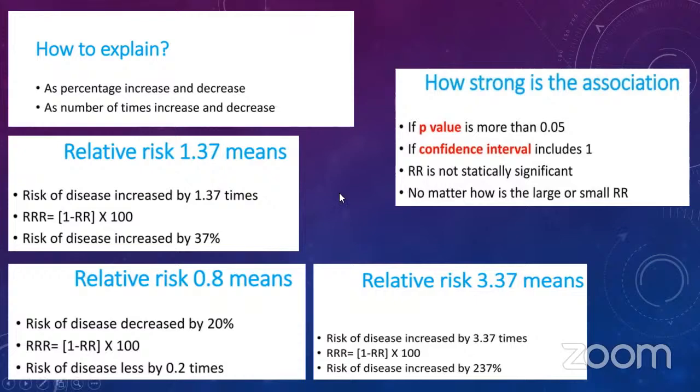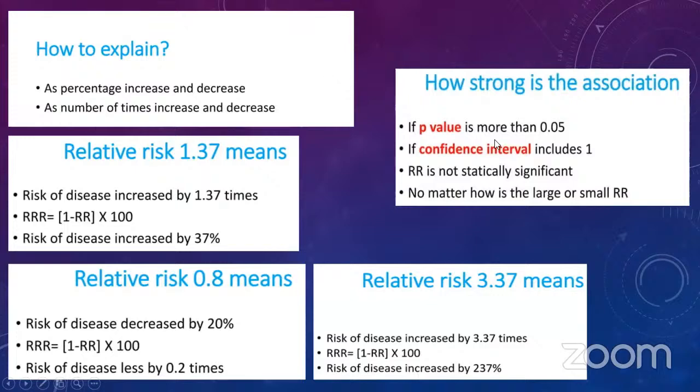A relative risk of 3.37 would be 3.37 minus 1, that is a 237% increase in risk of disease, or in numerical terms, the risk of disease is increased by 3.37 times. So in odds ratio, we do not use the term risk, but when it is a relative risk value, we can actually use the term risk.